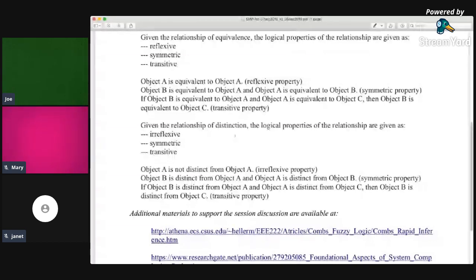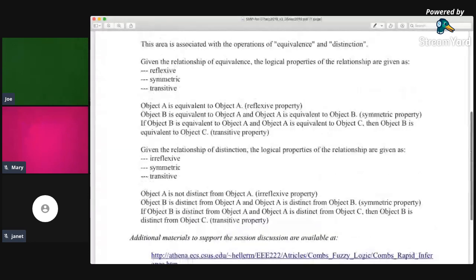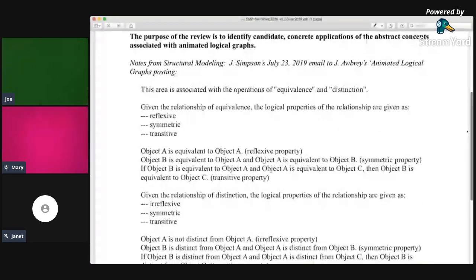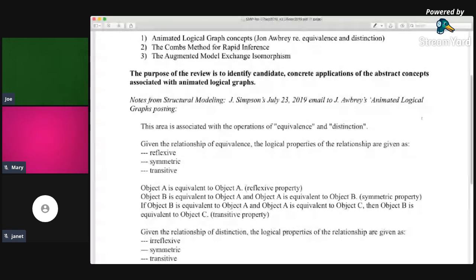So these fundamental operators and fundamental logical properties are only different in the fact that they're either reflexive or irreflexive, which is kind of interesting because it's important that the two basic operations of making a distinction and inquiry are only different by one logical property.